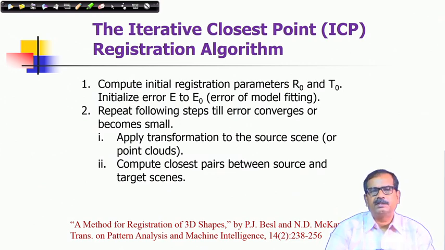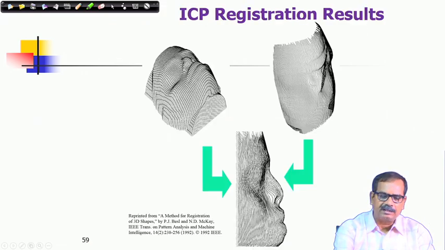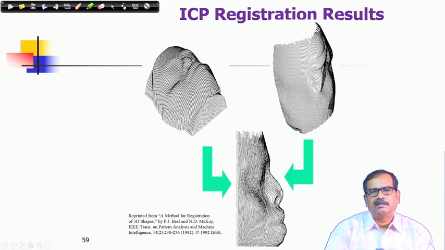After applying transformations, we can find the closest pairs, that is, for every point in the source, what is its nearest neighbor, and for every point in the target, what is the nearest neighbor. If they correspond to each other, then we take those points, and in that way we get a new data set and use it. So, we can again recompute registration parameters by applying the same technique I discussed, and go on doing this till we get a good registration, till it converges.